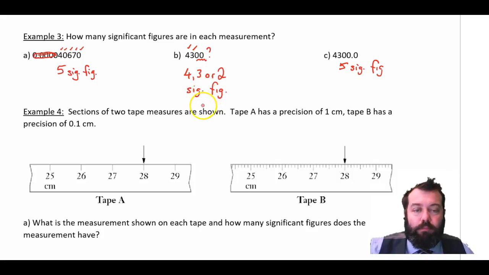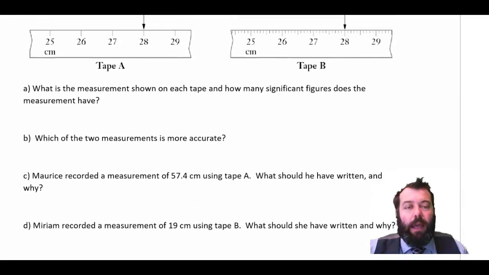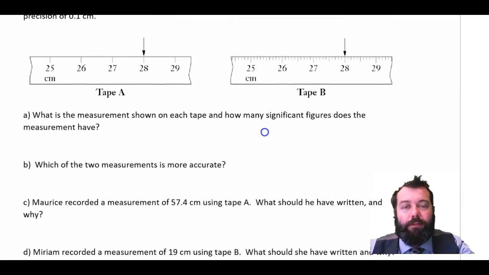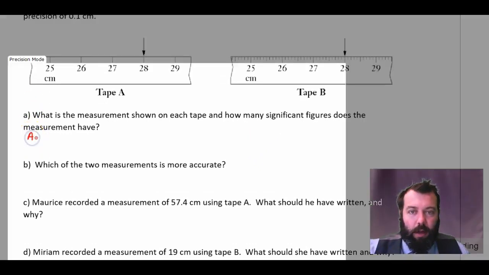Moving along now, I've got a couple of tape measures here. You can see they have different precisions. My first tape here has a precision of 1 centimetre. My second tape here, precision of 1 millimetre. Now, part A says, what is the measurement shown on each tape, and how many significant figures does the measurement have? Well, for tape A, my measurement is 28 centimetres, and that is 2 significant figures.